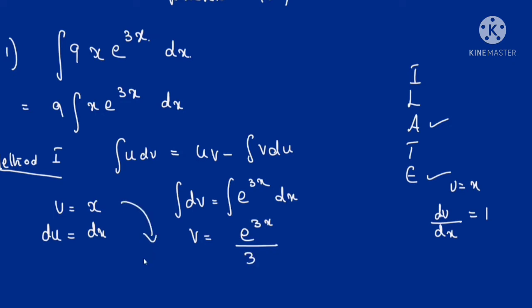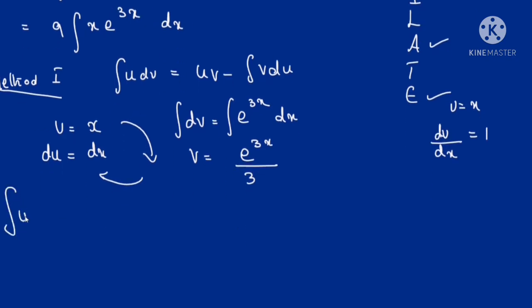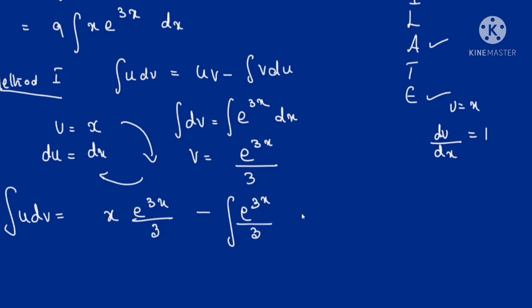Now use integration by parts: integral of u dv is u into v minus integral of v du. So u v is x e power 3x by 3, minus the integral of e power 3x by 3 dx.